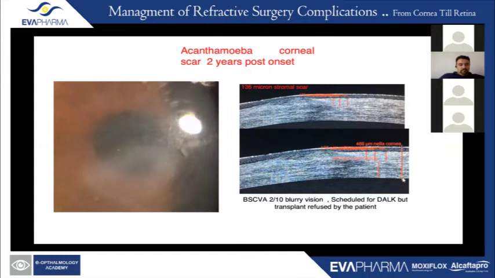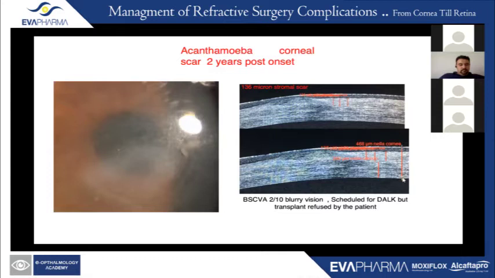And this is a case of infection after PRK from Acanthamoeba, probably due to the contact lens wear after the PRK treatment. And in this case, you have a very dense nodular scar, more than 140 micron.